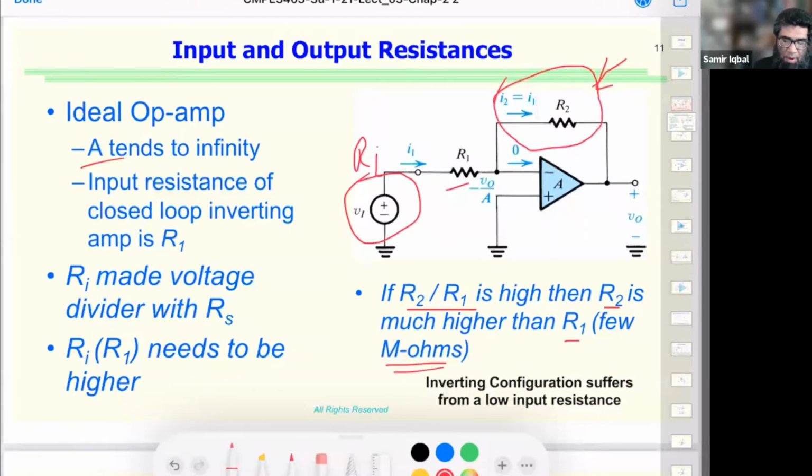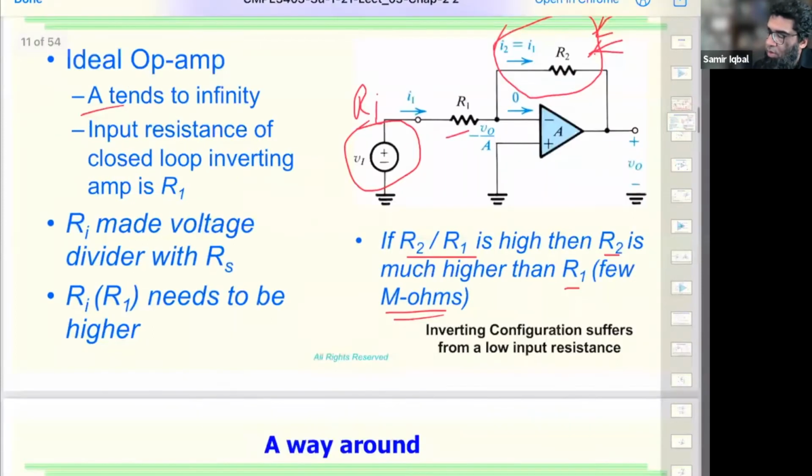So there's a way around. Instead of using this, we use an equivalent circuit with smaller resistance, but still achieve the high overall resistance in the feedback loop. All right, so let's get to an application, what we call weighted summer.